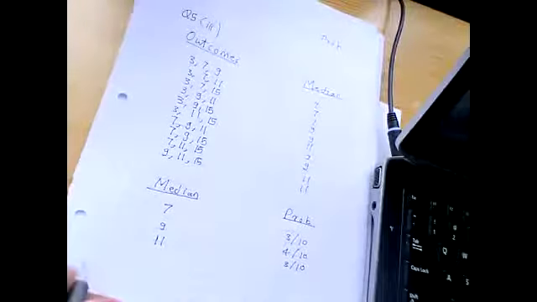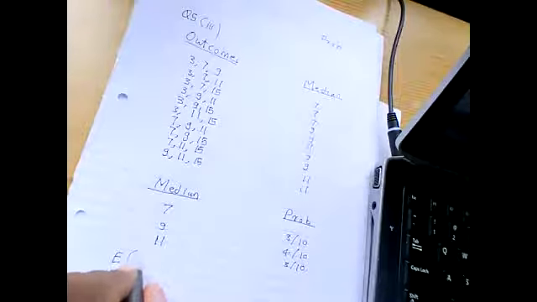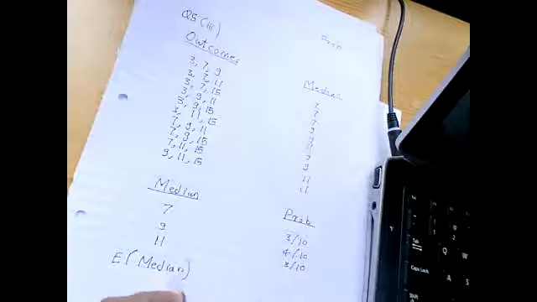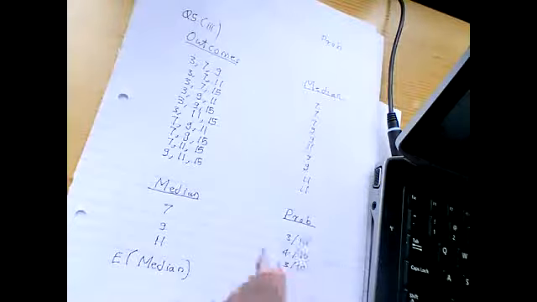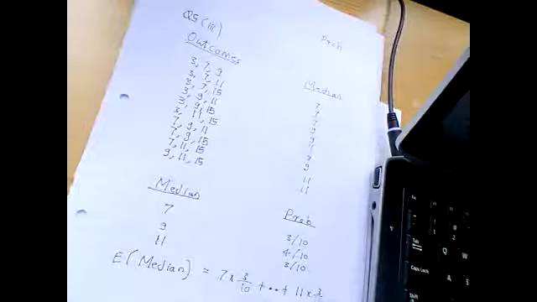Now let's find the expectation and the variance. To find the expectation, you just multiply this with this and sum. So it's 7 times 3 over 10 all the way up to 11 times 3 over 10. Right, so if you do the math for this, you will get this to be 9.